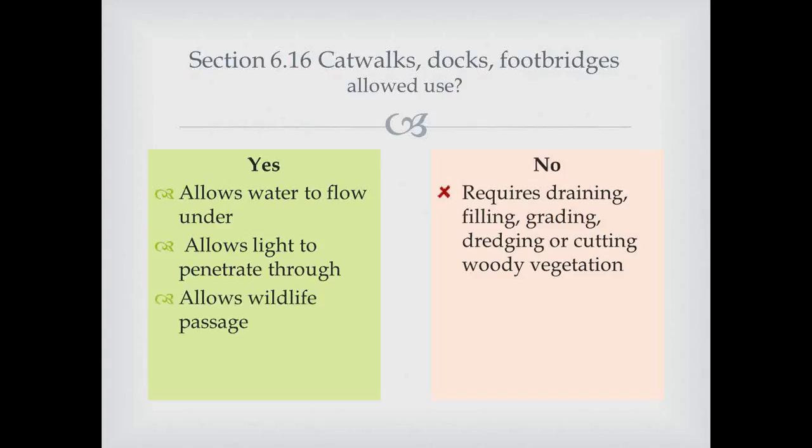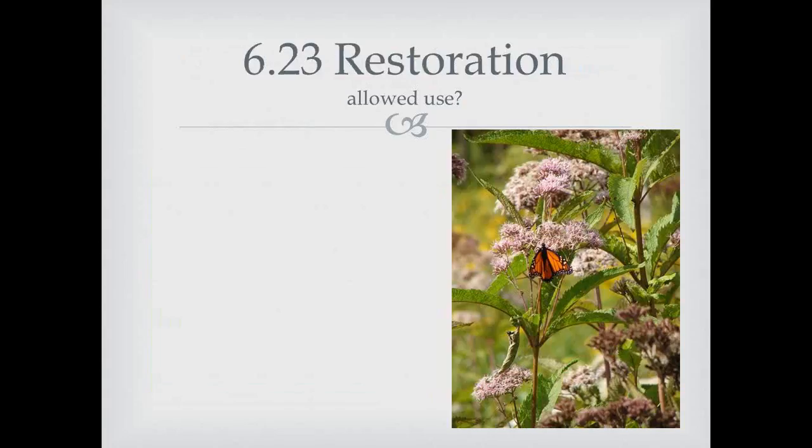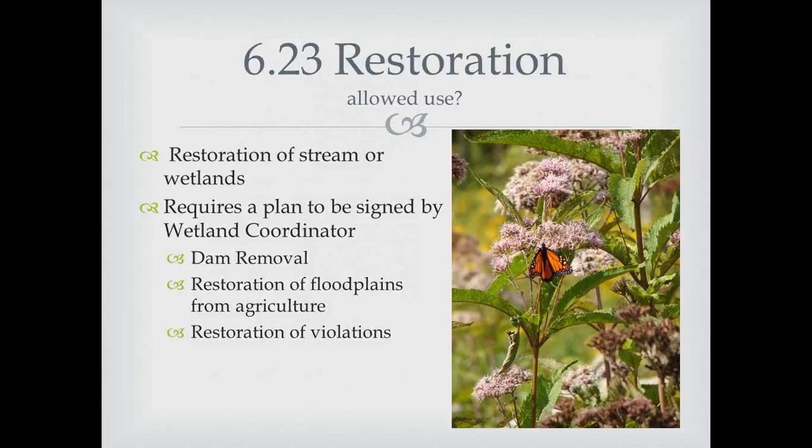Basically, for these structures, we want them to allow light to penetrate through, allow wildlife passage, and not involve heavy equipment to access or install. And then restoration, is this considered an allowed use? It is. Restoration of stream or wetlands.